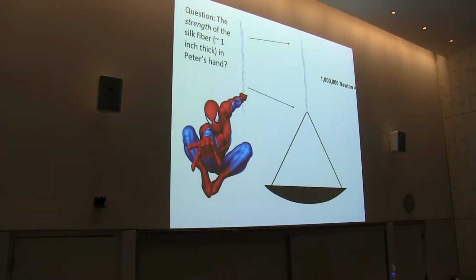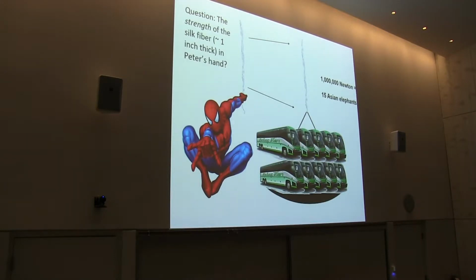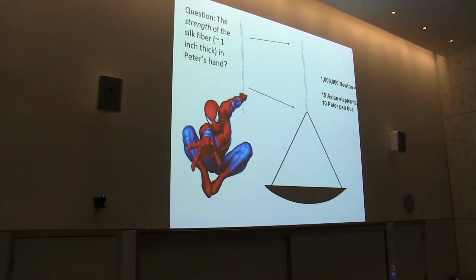If you do the estimation, it will be 1,000,000 Newton. What does that mean? It means 15 Asian elephants, or 10 Peter Pan buses, or 2 NBA red line trains. That's extremely amazing because those materials have similar strengths as steel. So can we apply those materials to engineering applications?